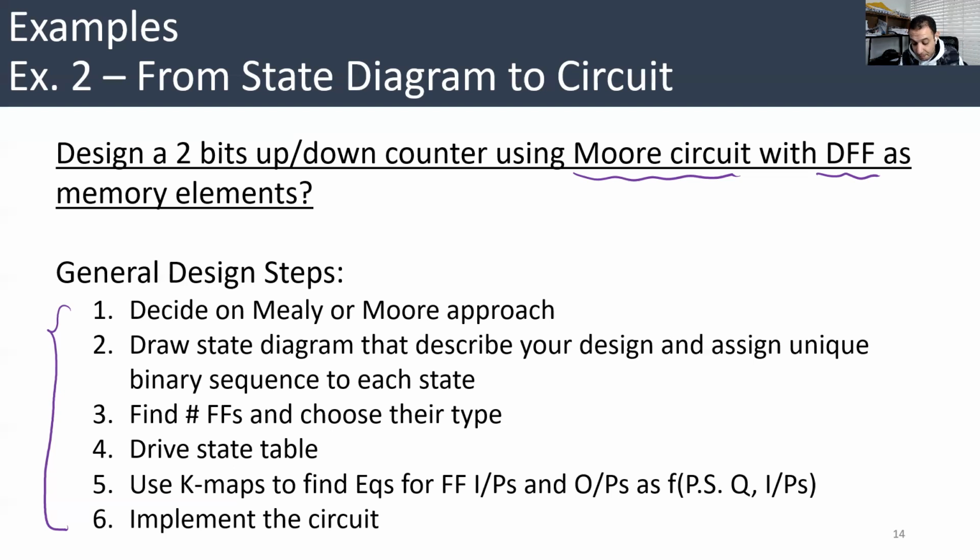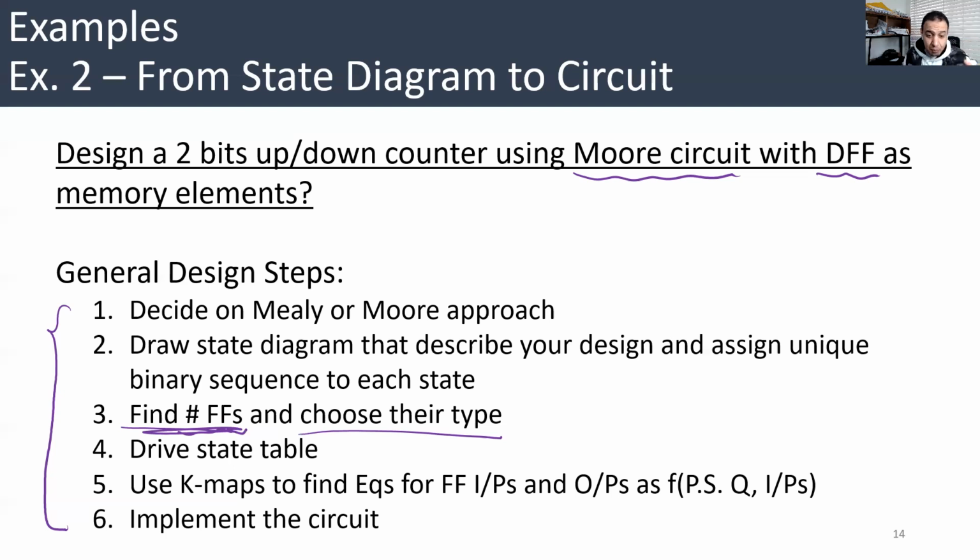Based on that state diagram, we know the number of flip-flops required, and then we choose their type. In this case, we only need to find the number of flip-flops, because we are forced to use a particular flip-flop in this example. But for a practical design procedure, you are free to choose the type of flip-flops.